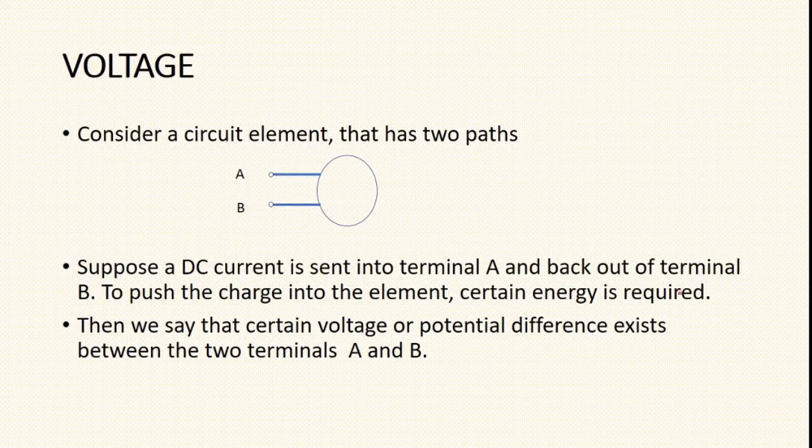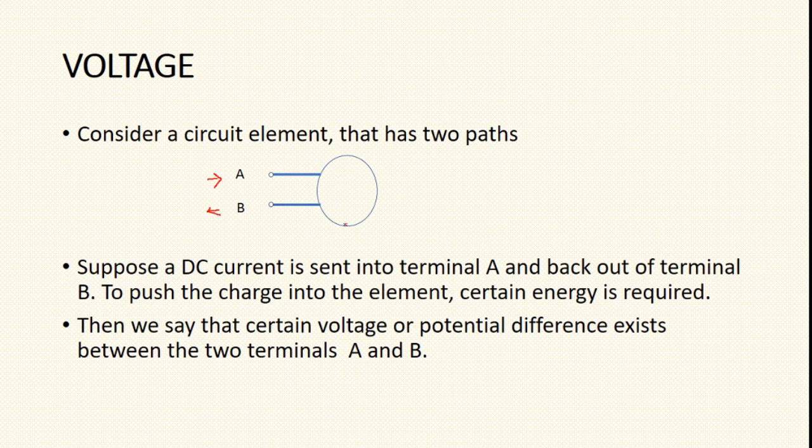Right. So we saw what is current. Next, let us come to a term called voltage. Now let us consider this particular element. This is some random source I've represented by a circle, and there are two terminals. One is terminal A and the other one is terminal B. Now I'm going to send a current into terminal A, and this current is going to go back out through terminal B. I'll repeat once again.